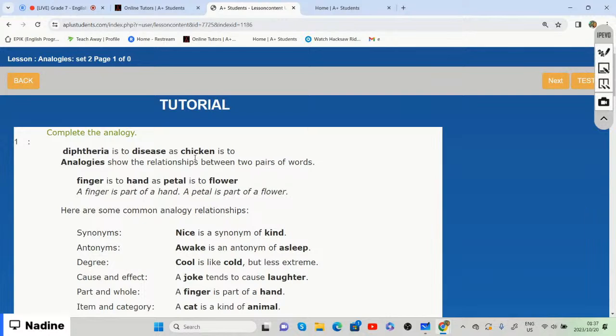Where do we find chickens, right? So diphtheria is to disease. It's basically a disease. What about chickens? Where do we even find chickens?